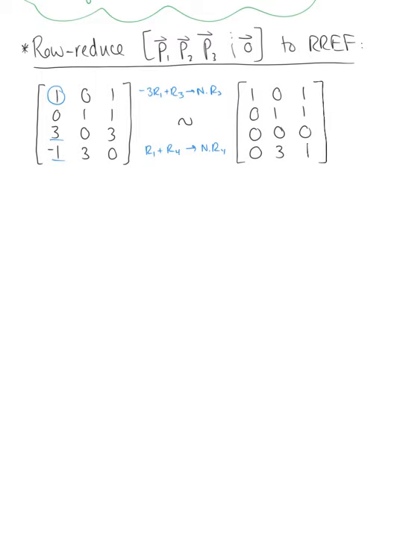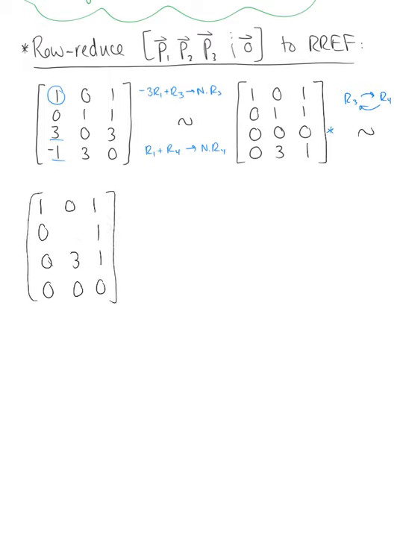So we should immediately bring this third row down. So we'll interchange the third row with the fourth row. To attain the equivalent matrix, we have 1, 0, 1, 0, 1, 1, and 0, 3, 1. And then our row of zeros is in that fourth row.